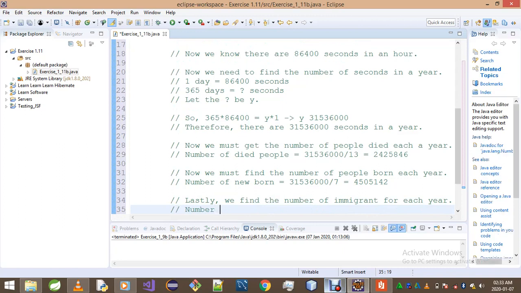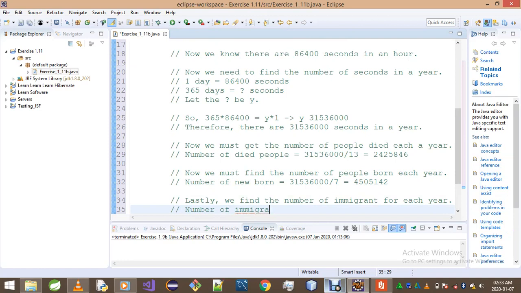Again, remember I told you guys you can decide not to put comments and display all these steps, but in my case I decided to put them on the comments instead of printing them out.